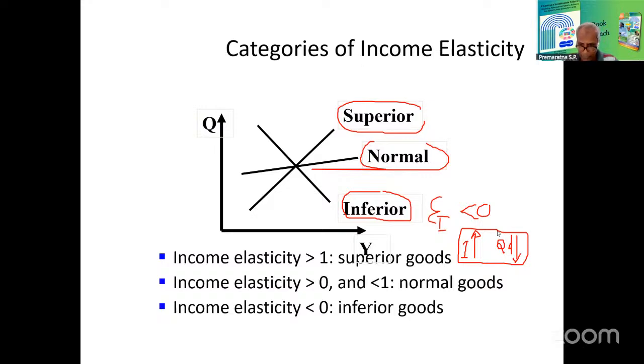Now, let's say the motorbike, let's say the Maruti car, this kind of situation. And if the income elasticity is between 0 and 1, which means a positive decimal, we consider that good is normal.